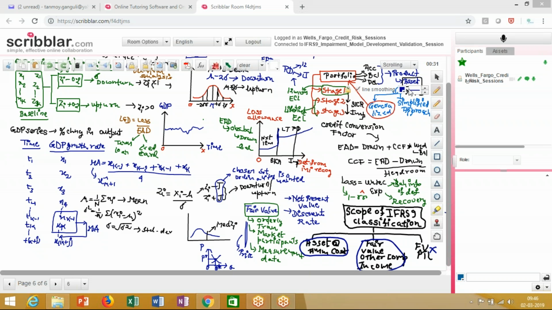So the question that comes up is, what is amortization? We had briefly discussed what amortization is, so we'll talk about it in relatively more detail over here.